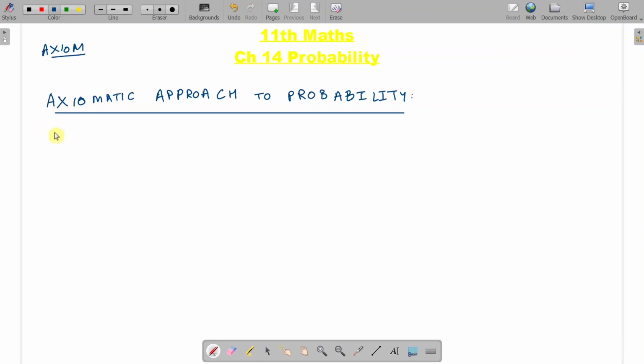So let us consider a sample space of a random experiment. Let S be the sample space of a random experiment.